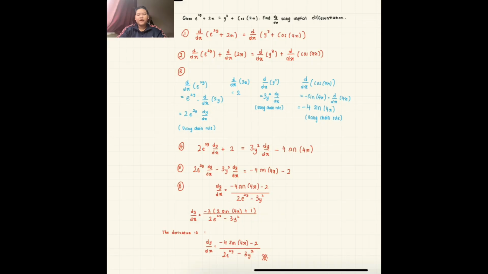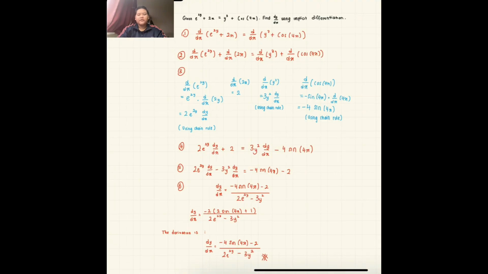For example, dy/dx equals negative 4 sine 4x minus 2, divided by 2e^(2y) minus 3y^2. We can factor out negative 2 from the numerator to present the answer slightly cleaner. dy/dx equals negative 2 times (2 sine 4x plus 1), divided by 2e^(2y) minus 3y^2.